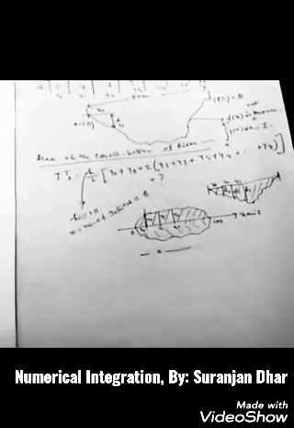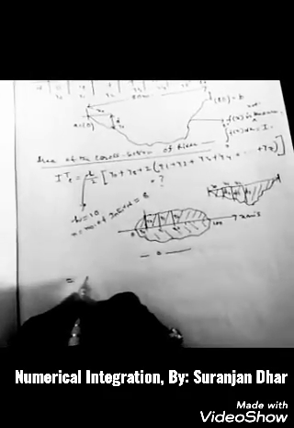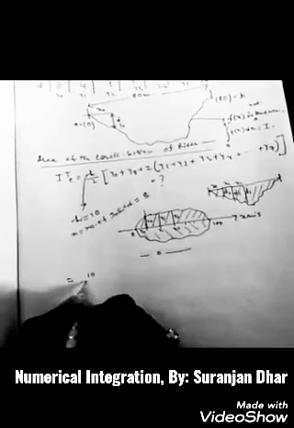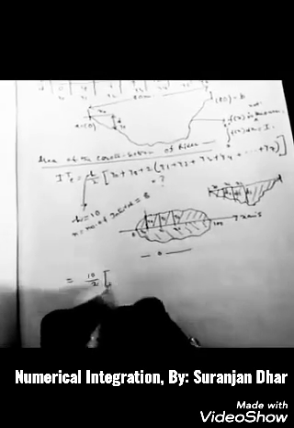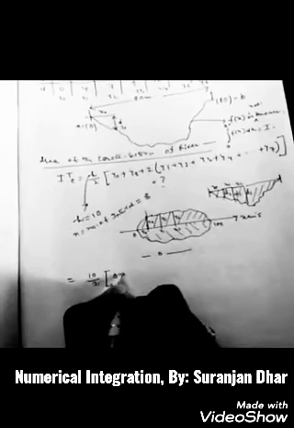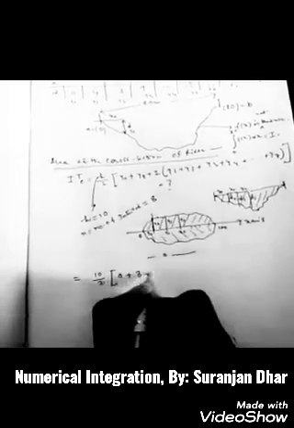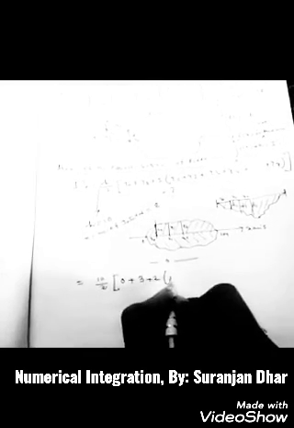So we are using the formula. Step length is 10, divided by 2. Then the first functional value is 0, the last functional value is 3, plus 2 into the remaining others: 4 plus 7 plus 9 plus 12 plus 15 plus 14 plus 8.